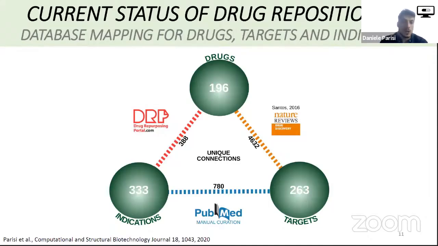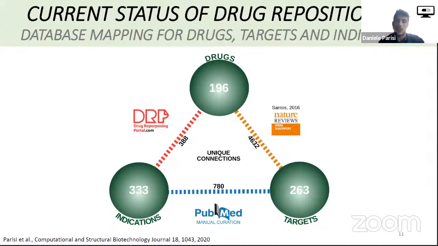So we used the drug repurposing portal, which contains almost 200 drugs that have been repurposed and are available on the market. We matched those drugs, connected with the first and second indication, with a list of drug-target couples that was published in 2016 in Nature.